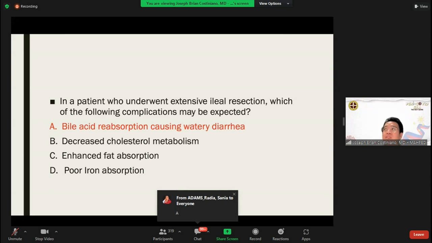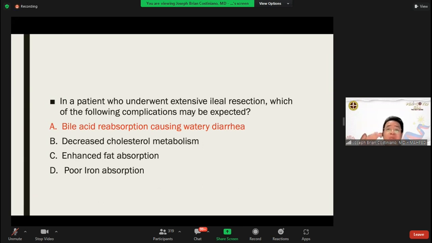So, as you can see, during the board exam, may mga choices talaga na parang yun yung tama pero mali yung pagka-wording niya, no? Just stick with what you know, because etong cholesterol metabolism hindi naman siya sa ileum eh. It's not in the ileum. And your fat absorption is not primarily also in the ileum, and your iron is not primarily absorbed in your ileum, but bile acids are primarily absorbed in your ileum. That's why if you have extensive ileal resection, then you will have failure or poor bile acid reabsorption, thus causing your watery diarrhea in this patient.